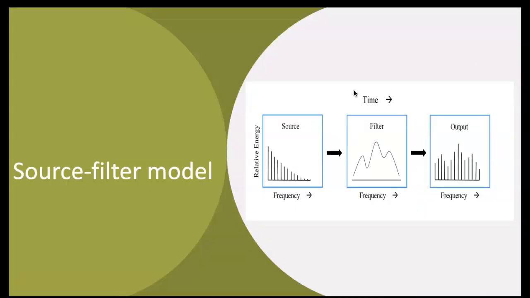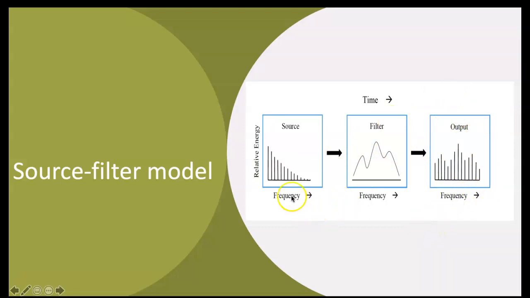There's an important concept called the source filter model, and this model is used for synthesizing speech, for studying speech output. Essentially what it states is that you have a source, you have a filter, which is the vocal tract, and the linear combination of those two leads to a particular output.